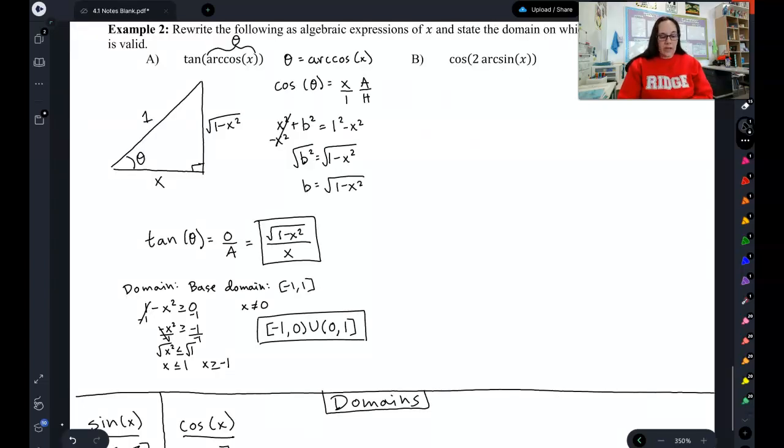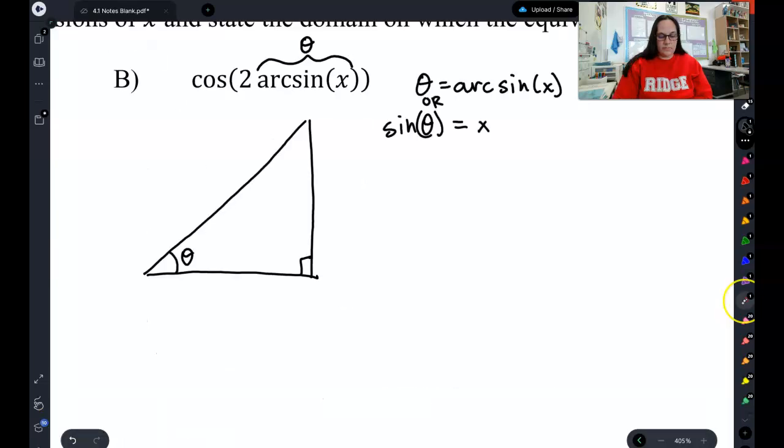So here's what I would like you to do on B. I would like you to use the inside to build the triangle. So here's what I got. I want you to take the inside. Theta is arc sine.